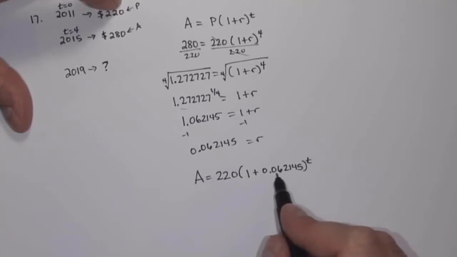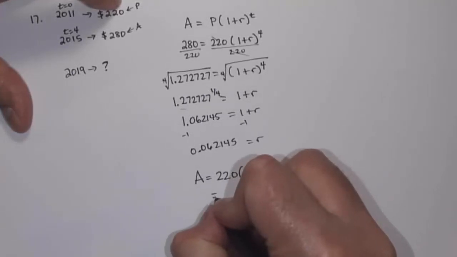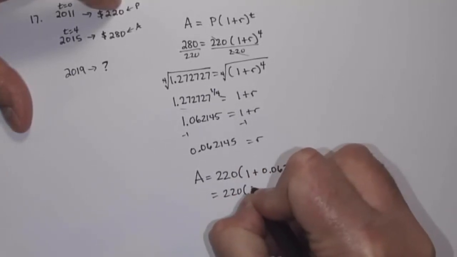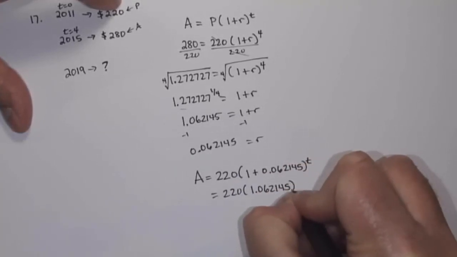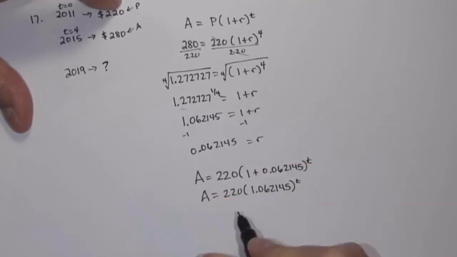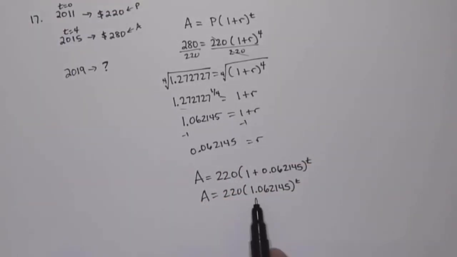And 1 plus 0.06215 is 1.06215. So we have A equals 220 times 1.06215 to the t. That's our model. Okay? So we can use that to figure out the answer to the question.